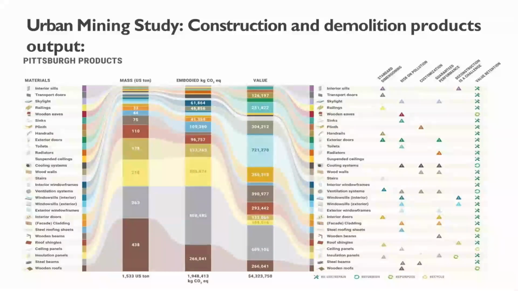We also looked at the embodied carbon that's present in those materials as well. So we looked at the value of those items new, the value of the items used, what we would sell them for, and then we looked at carbon. Next slide.